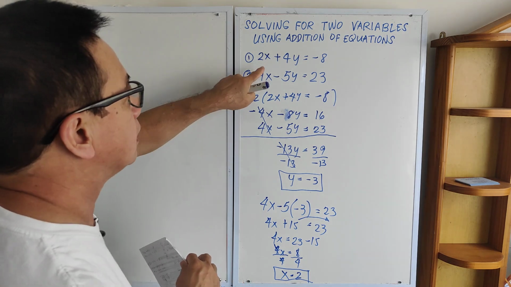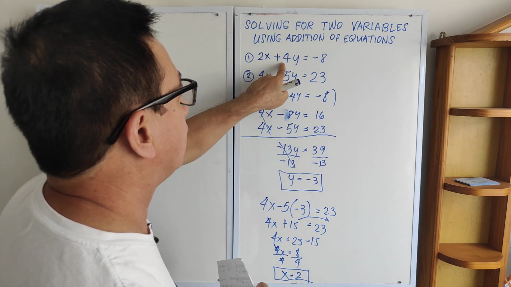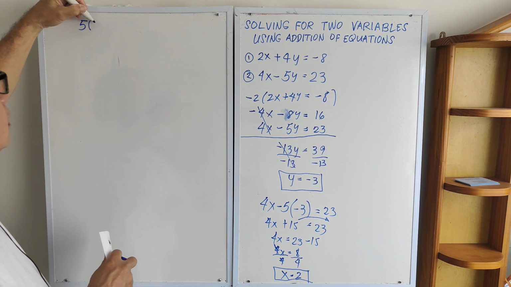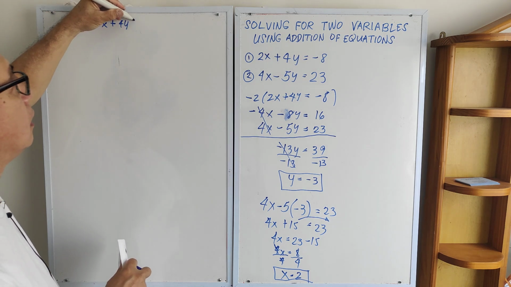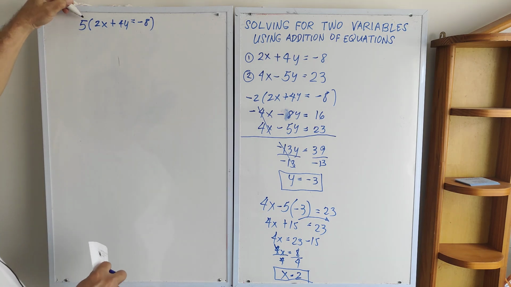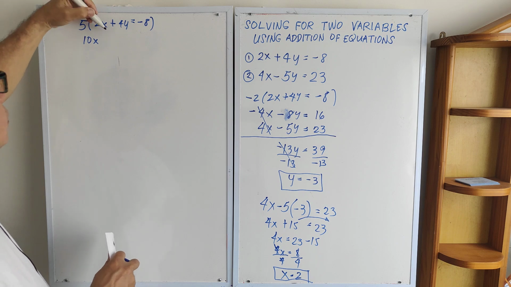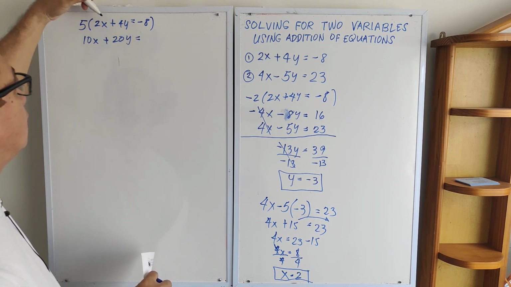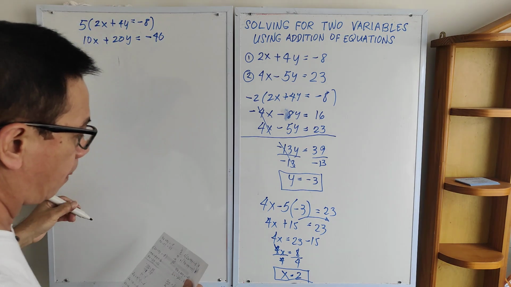So let's try it in here. This one we will multiply by 5. So 5 times 2x plus 4y is equal to negative 8. So 5 times 2x is 10x, 5 times 4y is positive 20y, and 5 times negative 8 is negative 40.